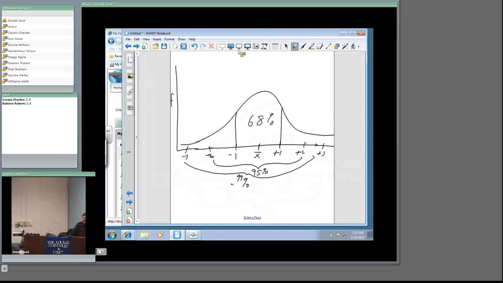We'll call it 99 for now, and we'll get a little more accurate as we move along. Now, do I really need to draw anything beyond plus or -3? I really don't, because I've got less than 1% and even less than half of less than 1% on either individual tail. So I don't really need to go out more than plus or -3 standard deviations. There's just not that much out there.